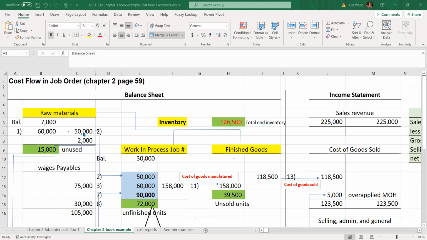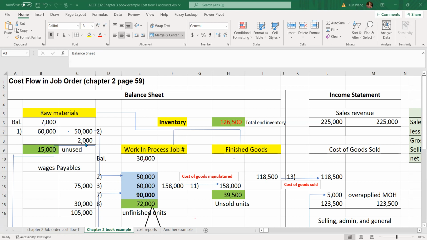In our case, we used 50,000 of raw material for work in process, which is the direct material. Direct material will be used for production directly. Then you can also use material for manufacture overhead, such as repairing machinery or other consumption purposes.